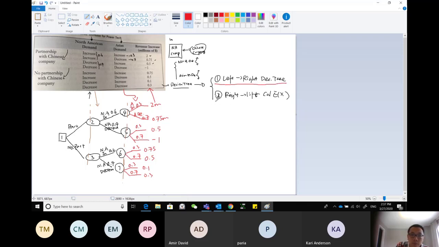So now we need to conduct the second step. The second step is to calculate the expected value. We need to calculate the expected value at the chance nodes. Right?